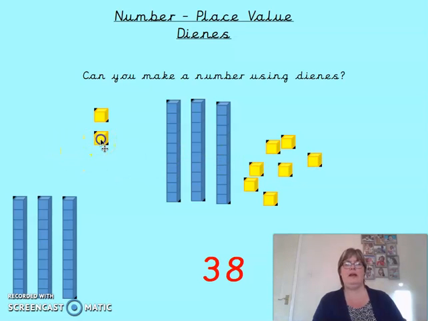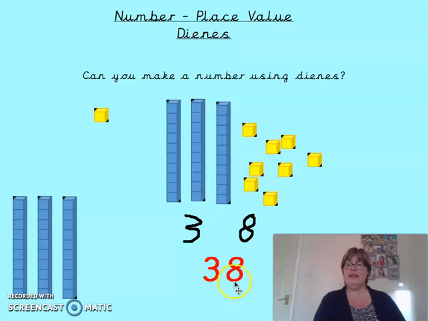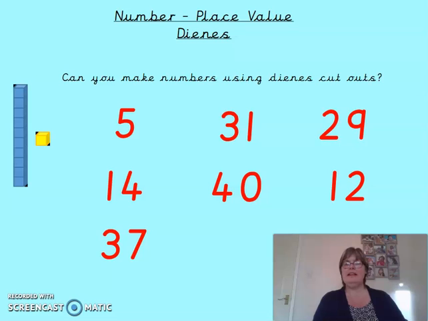Oh, nearly all of them, and 8. There we go. So I have now got 3 in my 10s column and 8 in my 1s column, making the number 38.